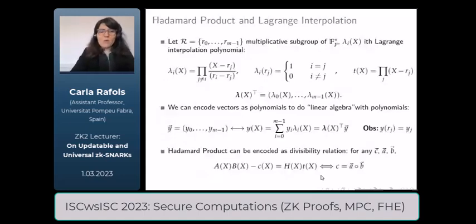Okay, so what do we do with this? We now have a set of algebraic relations, and we want to encode it as a set of polynomial relations. For this, I have a multiplicative subgroup of a finite field.